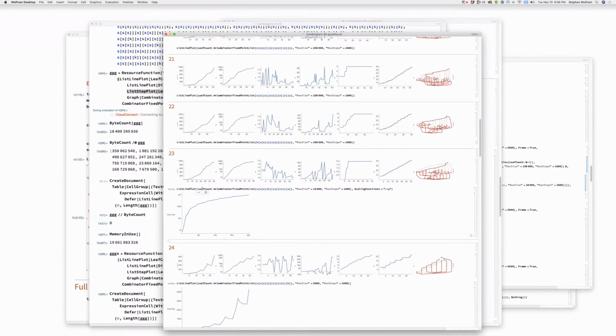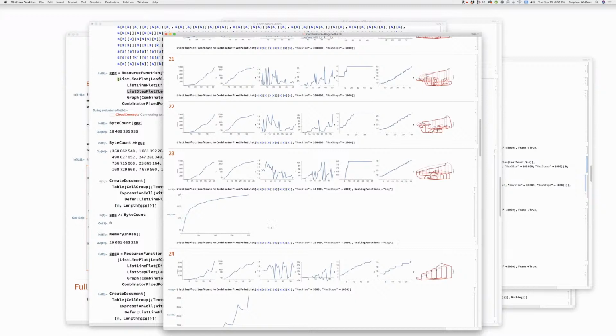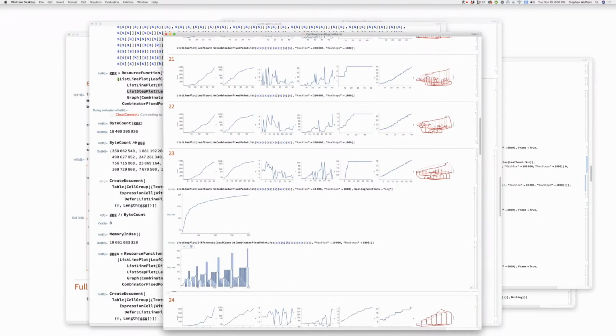So I think what we want to do here is probably to look at the differences here, which is one of these things there. So let's look at these differences. Oh my gosh.